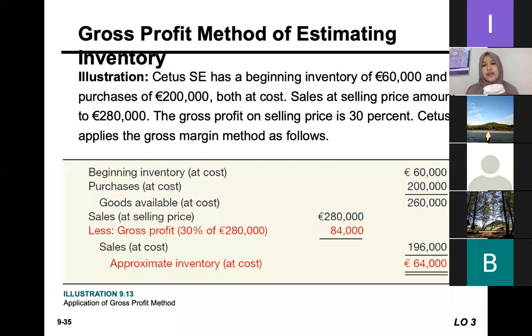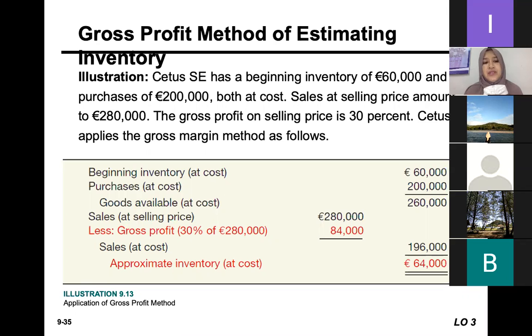From that information, we can identify the ending inventory. How to do that? Opening inventory plus the purchases gives the goods available for sale, basically the whole inventory that we have to sell.